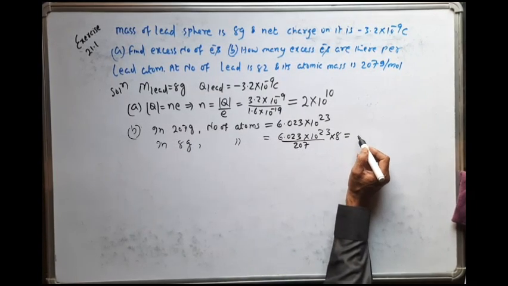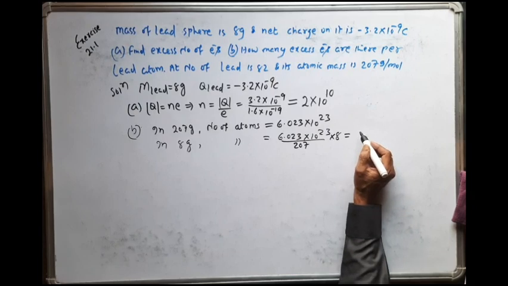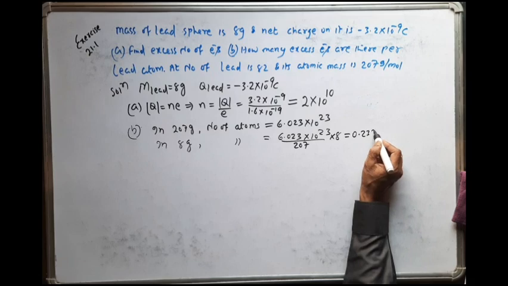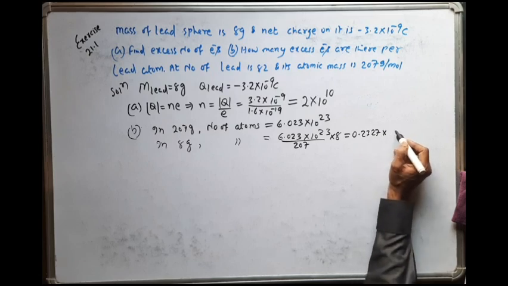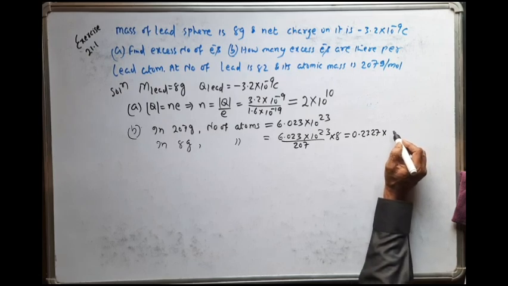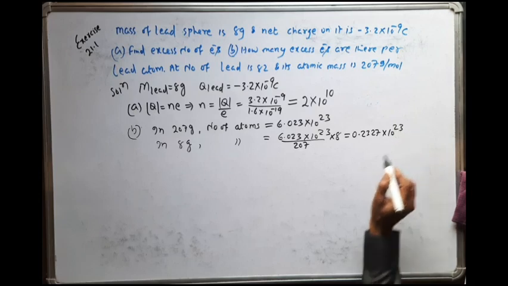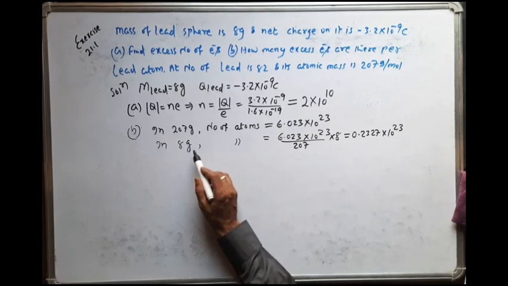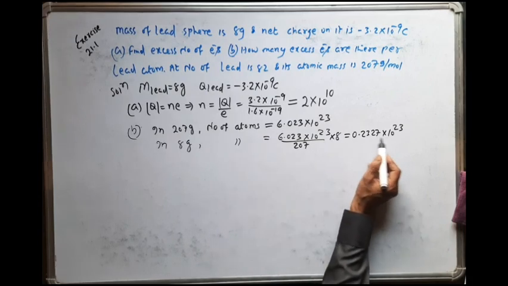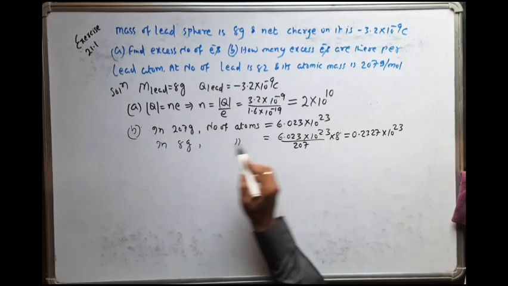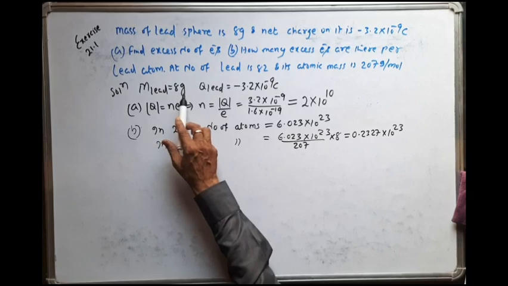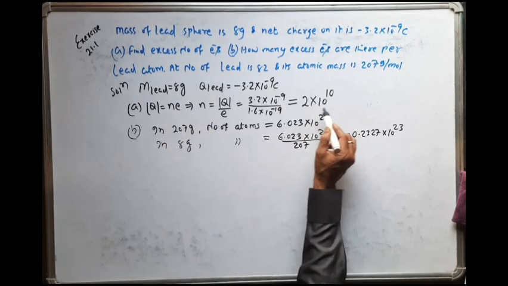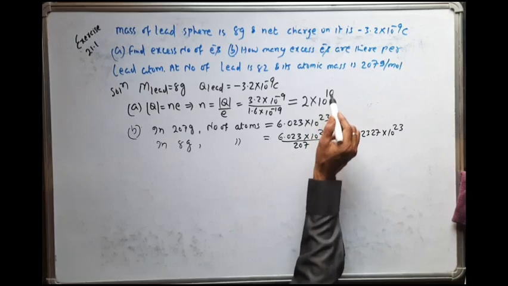If you calculate, it will come 0.2327 into 10 to the power 23. So in 8 gram of lead, the number of atoms present is this. We have already discussed that in 8 gram of lead, the number of excess electrons is 2 into 10 to the power 10.